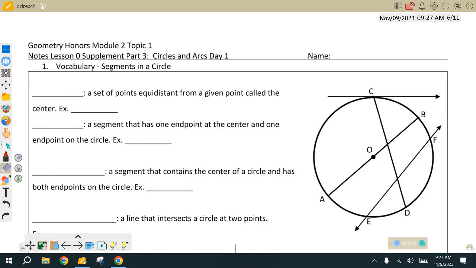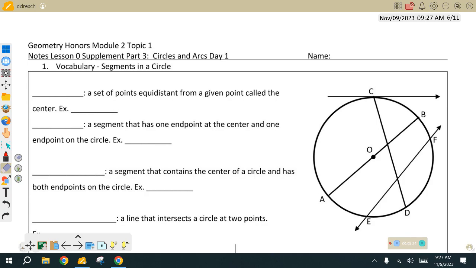All right, parts of the circle is what we're going to be looking at. So first thing is, we've got a circle O happening right here. The first definition is the definition of a circle. Okay, a set of points equidistant from a given point called the center.